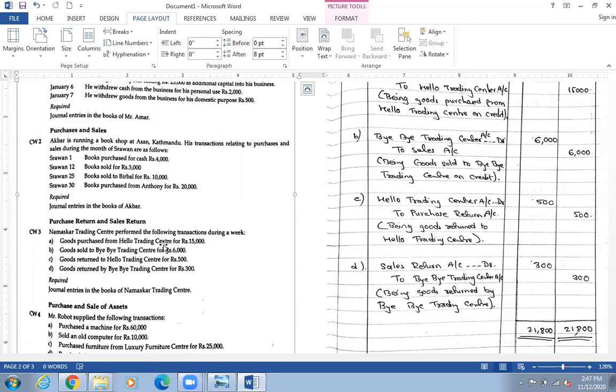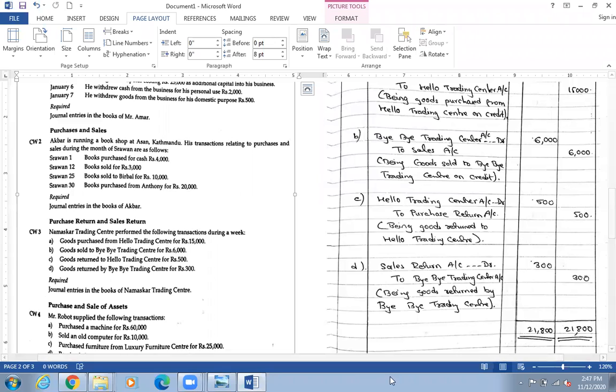Purchase must be written in debit or credit? Up, up means debit. Sales must be written in debit or credit? Down, down means credit. So purchase means debit, sales means credit.